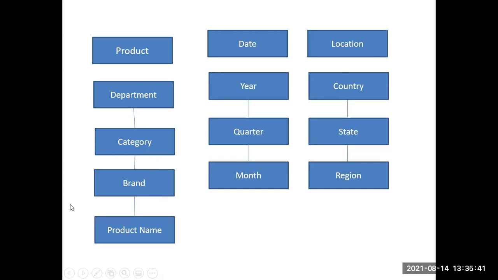The brand will be Amul, Nestle, or Spurti, any brand. Then from that respective brand, what you are purchasing from Amul, you can purchase Amul Slim Cheese or Amul Easy Spread or Amul cheese. So: department, which category, which brand, which product name. Okay.